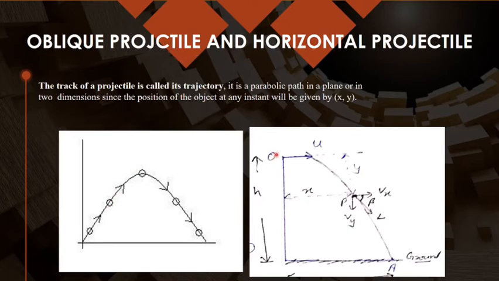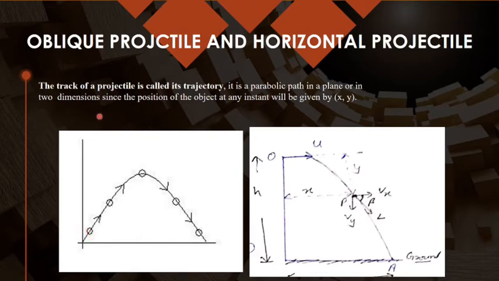But if you are throwing from a height without giving any angle, that is known as a horizontal projectile. So I have to study both projectiles in detail. One is the oblique projectile, the body thrown with some angular projection, meaning some angle is made with the horizontal line. That angle can be calculated or given in the question as per the requirement.